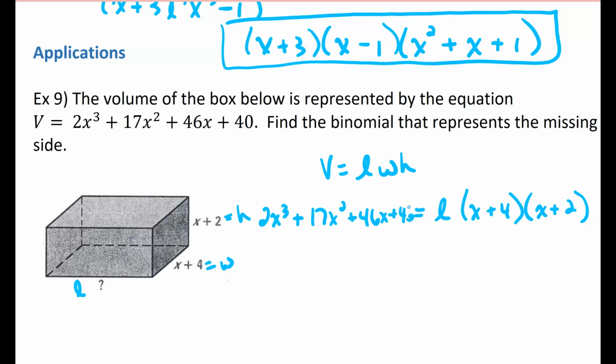Okay, what is our goal here? Find the length. Okay, how am I going to get length alone right now? We're going to divide the width and the height out. Okay, so again, dividing both sides by this and by this.